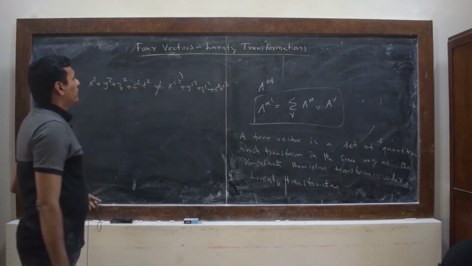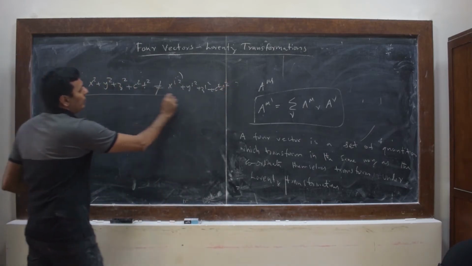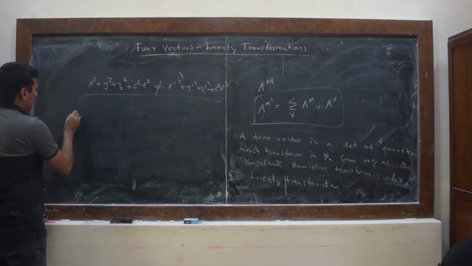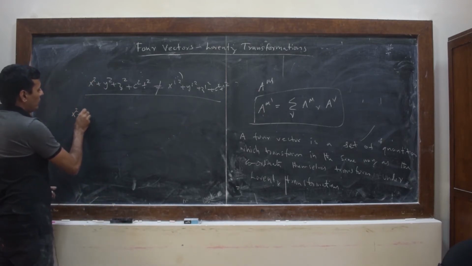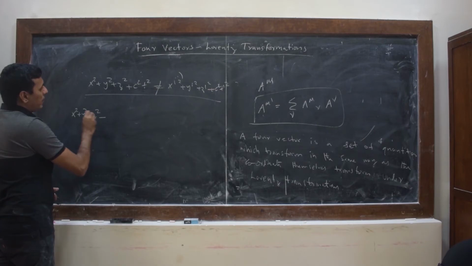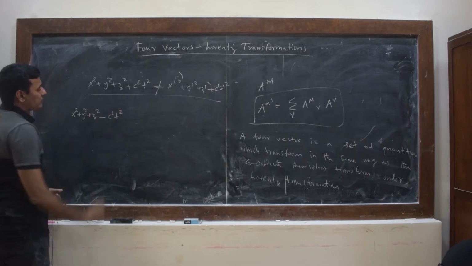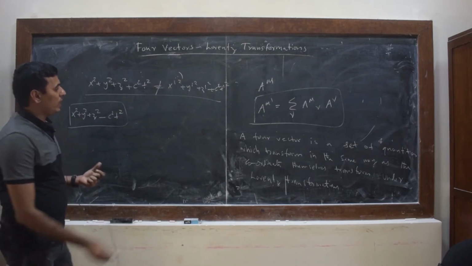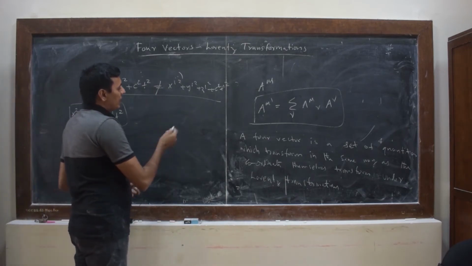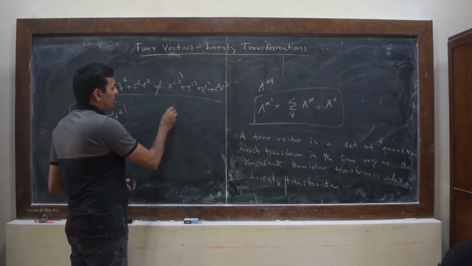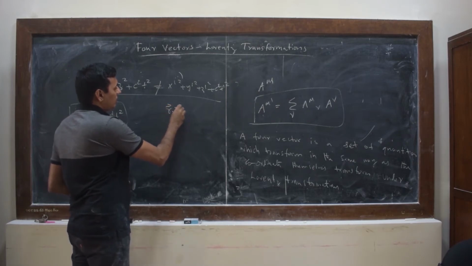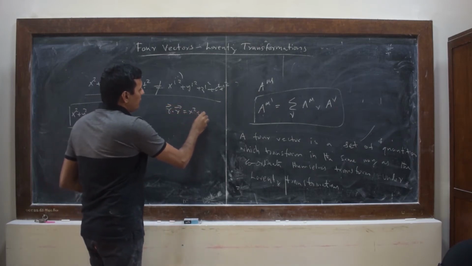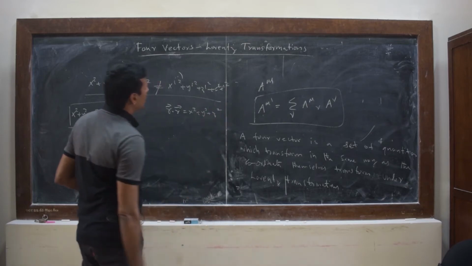This is not invariant. The quantity which is invariant is x square plus y square plus z square minus c square t square. And in the case of rotation, x square plus y square plus z square is nothing but the vector r dot r, which is invariant.